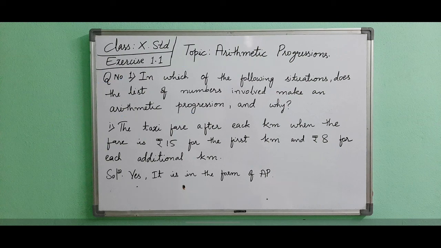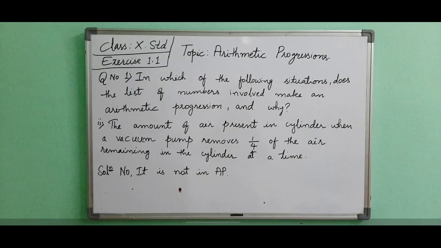Now with the same approach we'll go for the second question. In the second question it is given the amount of air present in the cylinder when a vacuum pump removes 1/4 of the air remaining in the cylinder at a time. So if you take a cylinder, in that cylinder the first time it is 1, then it will remove the 1/4 part of the air.